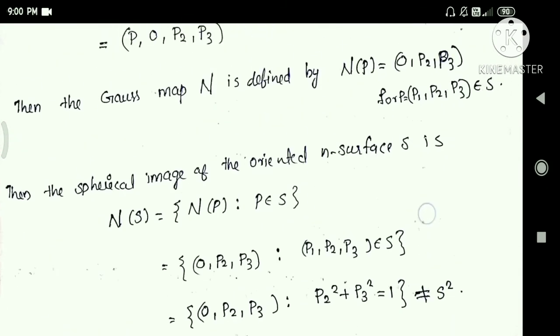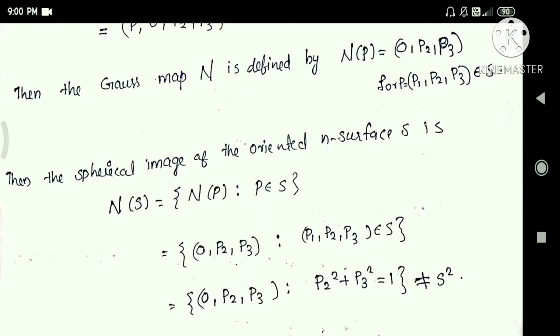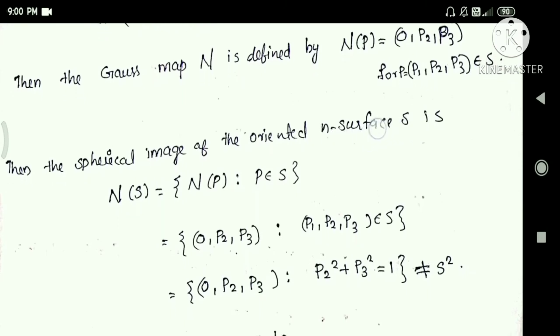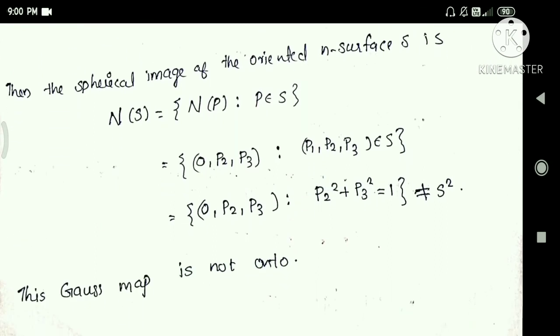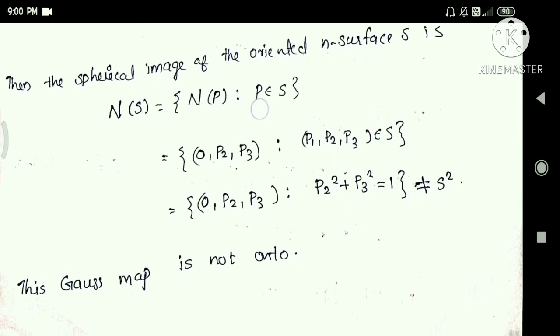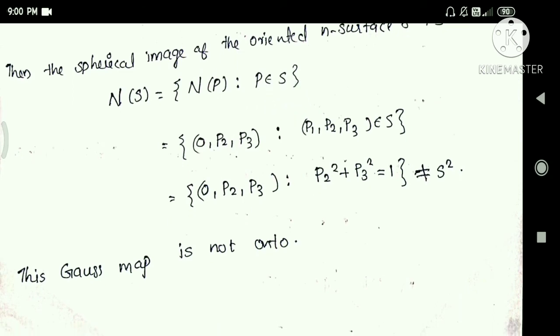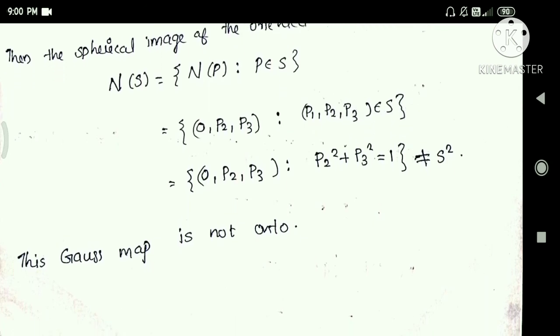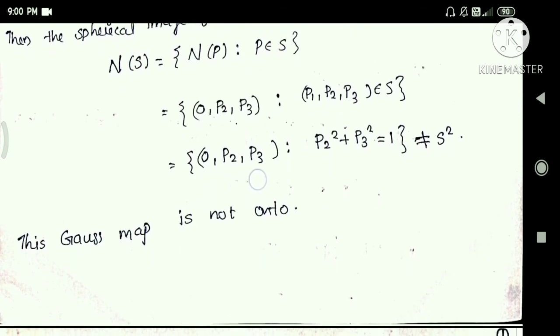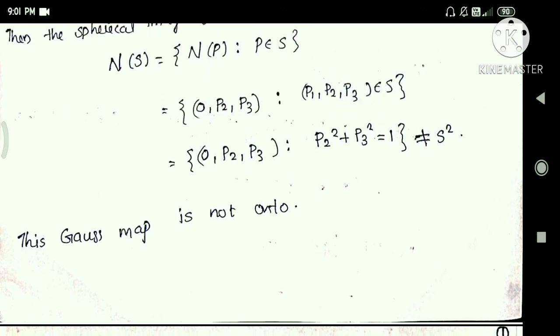And here the spherical image of the oriented 2-surface S is, by definition, equal to N(S), the set of all points N(p) such that p belongs to S. If p = (p1, p2, p3), then N(p) = (0, p2, p3), where (p1, p2, p3) belongs to S if and only if p2^2 + p3^2 equals 1.